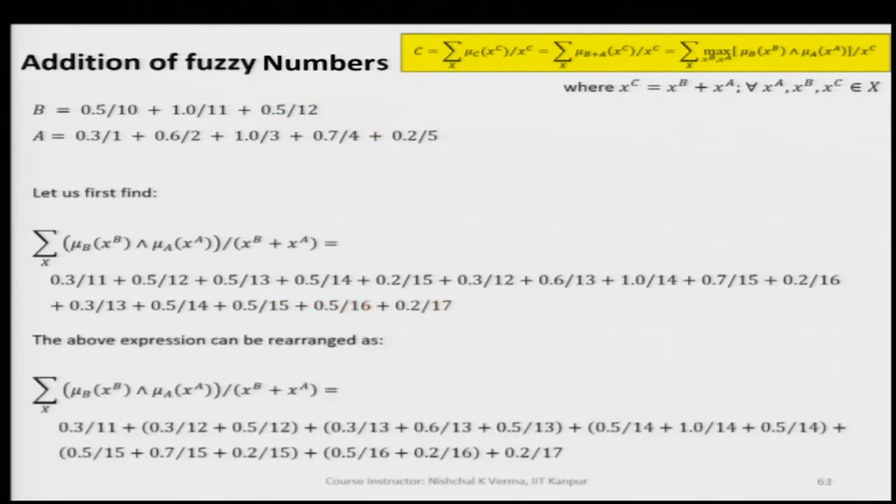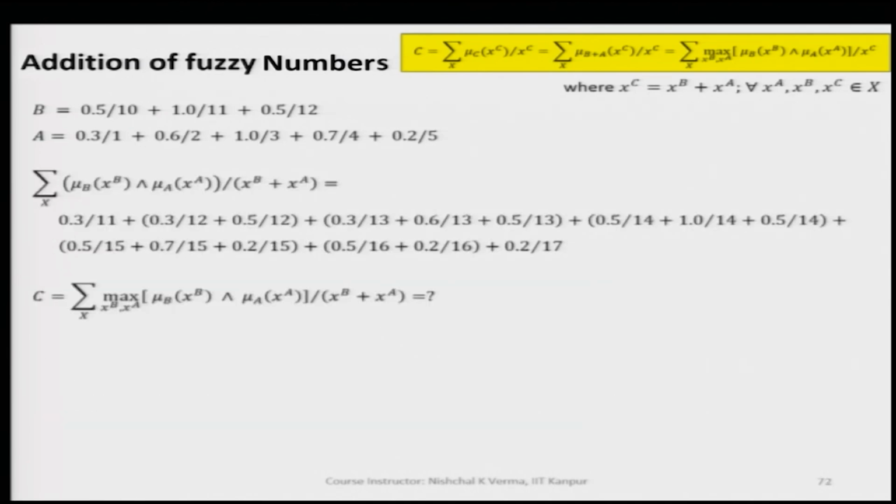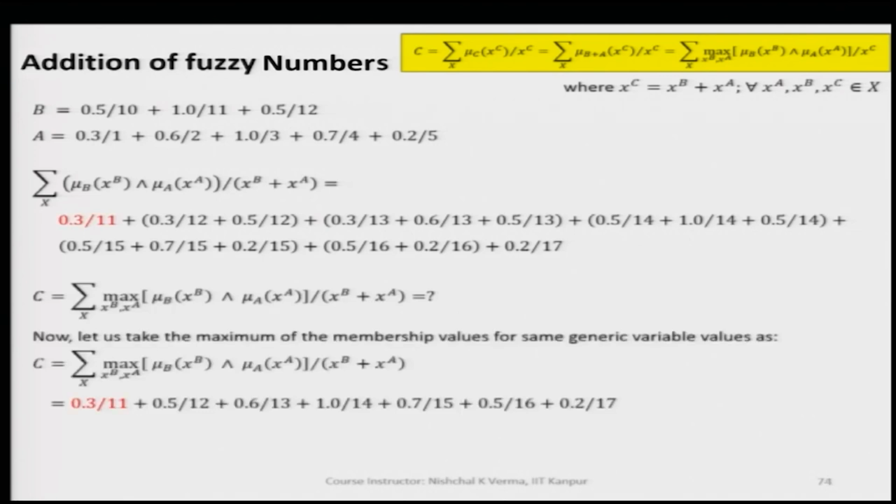Now, when we rearrange these terms as I mentioned earlier, we get the expression like this, and when we take the maximum of all the membership values corresponding to the same generic variable value, we get the final expression like this.